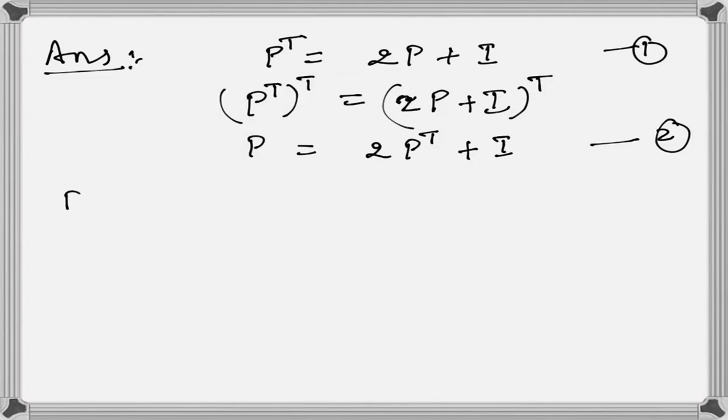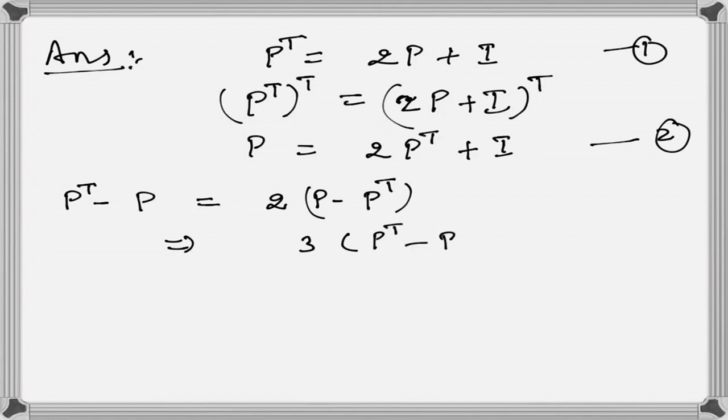So now what is P transpose minus P? This is equals to 2 times P minus P transpose. Alright, so this implies that 3 times P transpose minus P is equals to 0, and this 0 is the 0 matrix, the matrix which has all the entries 0.